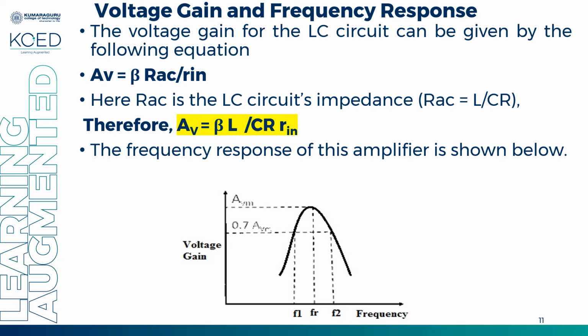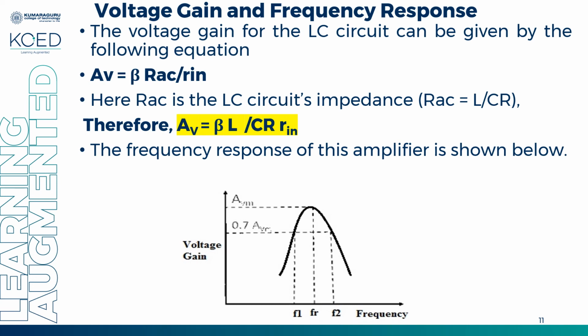So this is the voltage gain and frequency response of your single tuned amplifier circuit. We can calculate the gain by using the formula: gain AV will be equal to beta into RAC divided by Rn.